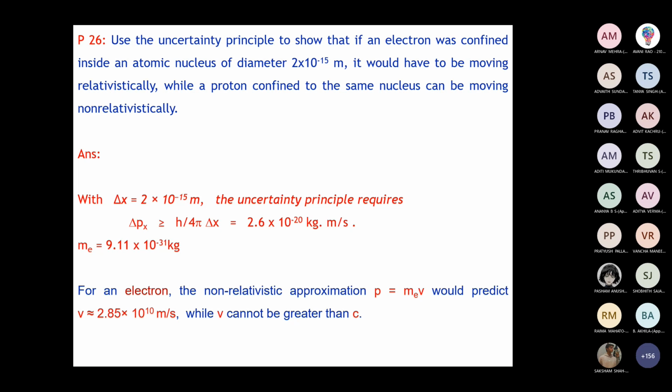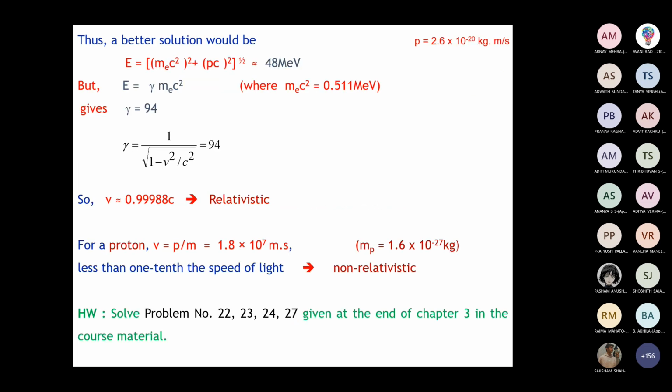If you noted down the value, just check the next. So you will get 0.998 c and 1.8 into 10 to the power of 7 meters per second.